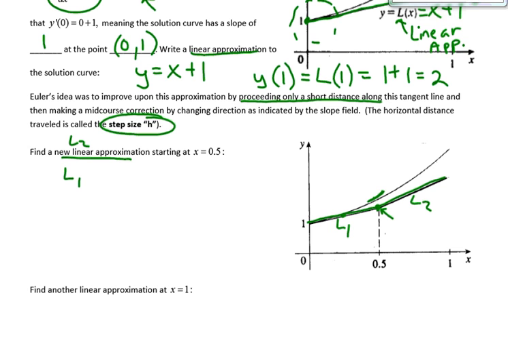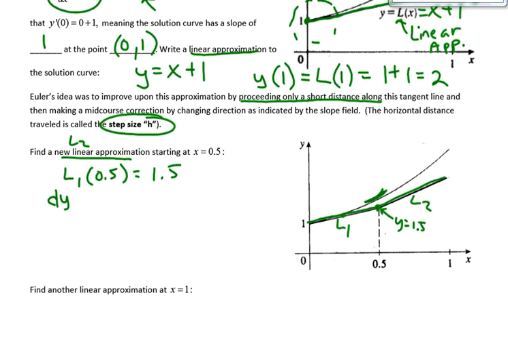So we're going to say L1 at 0.5 would be, L1 was x plus 1, so that would be 1.5. Okay, so that y value is 1.5, which is an approximation of what the actual curve is. And then I can actually find out what the slope of the curve is.